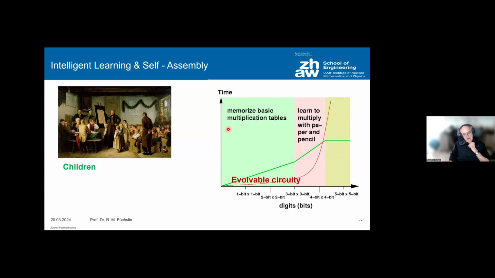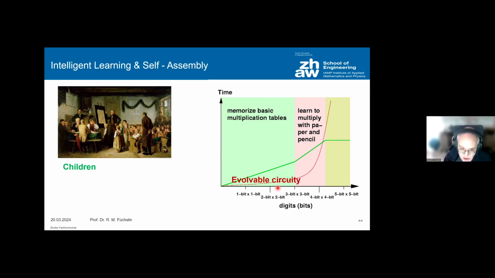If you compare children to evolving digital circuitry, then you realize that to evolve digital multipliers is comparably easy as long as the numbers you want to multiply are comparably small. The longer these numbers become, the more difficult this evolution process becomes. And as a matter of fact, it becomes exponentially difficult.